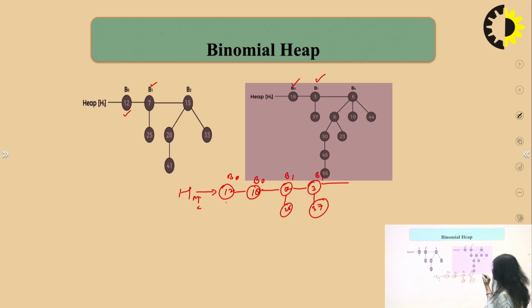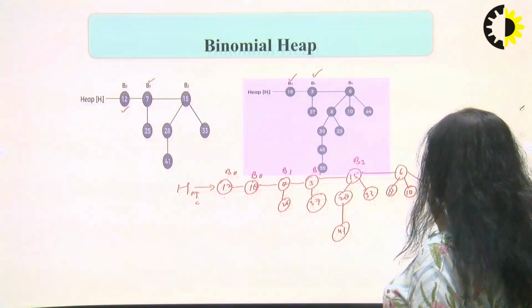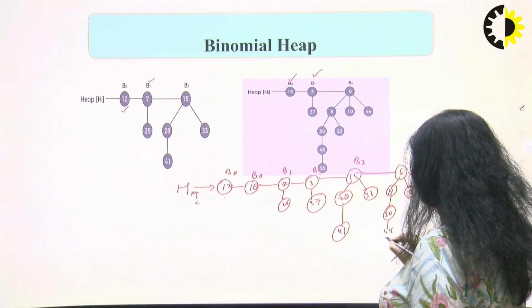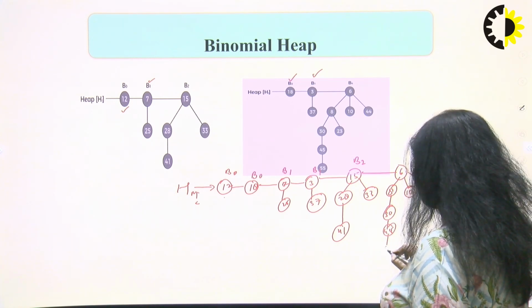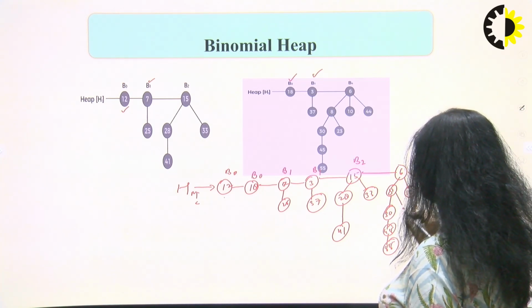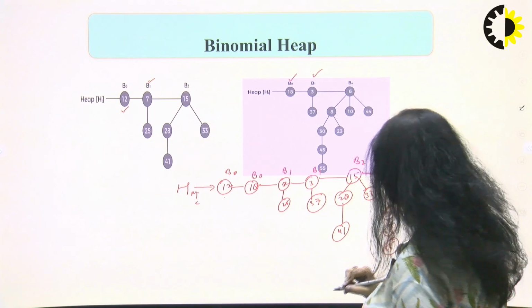So we are picking up that component from here. 15 comes here, then 28, 33, then we have 41 here, and this is with degree 2. Now we are performing this and writing this here: 8, 10, 44, then 30, then 45, and after this 55 for example, and here, sorry, here is the 23, right?